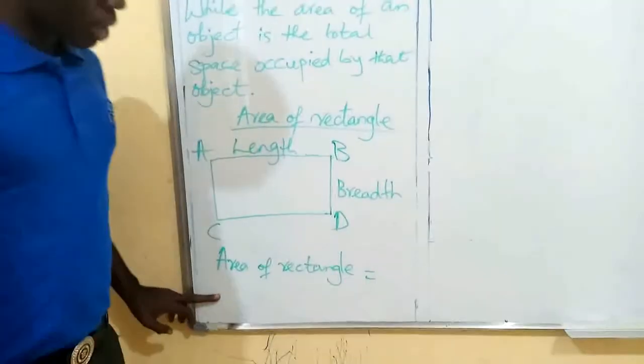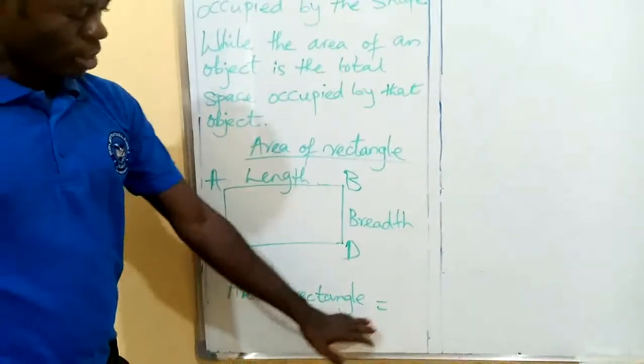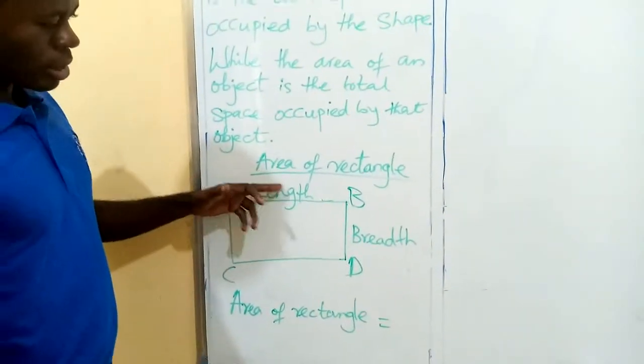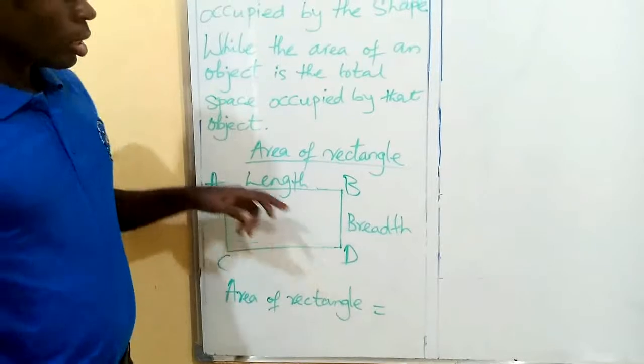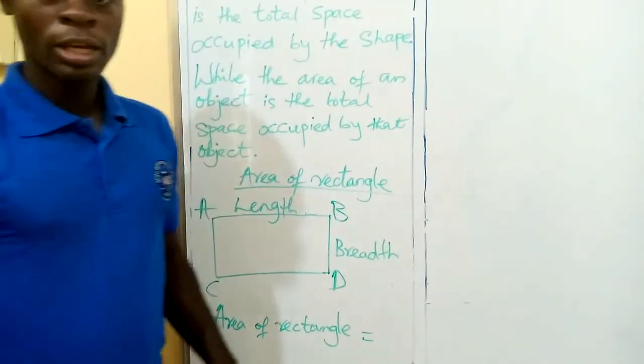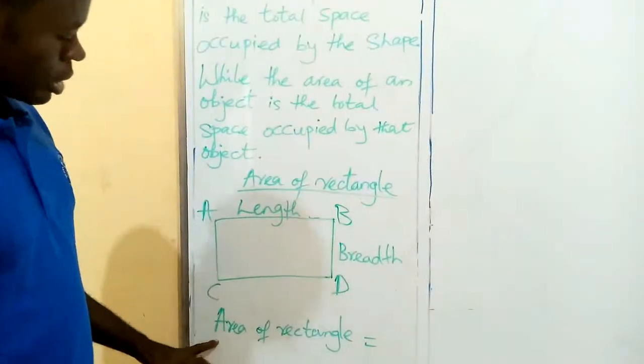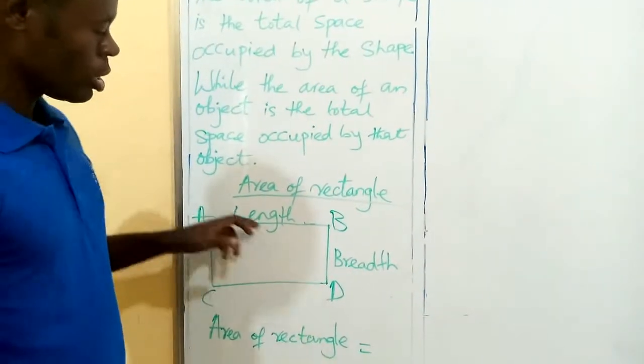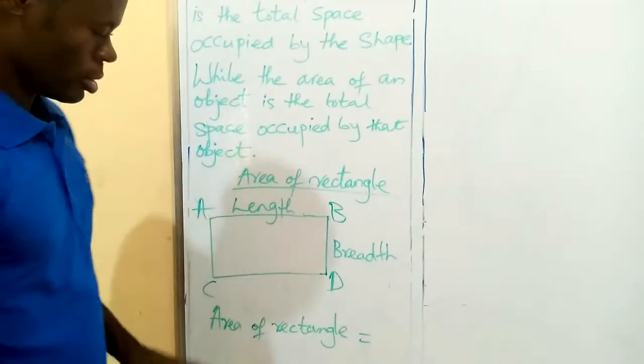The formula for calculating the area of a rectangle is length times breadth. You get it? The formula for calculating the area of a rectangle is what? Area of a rectangle equals length times breadth.